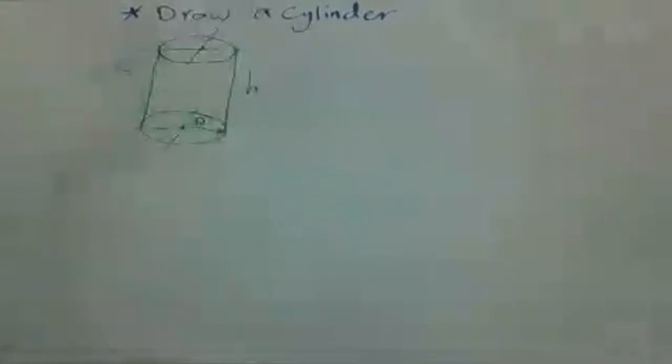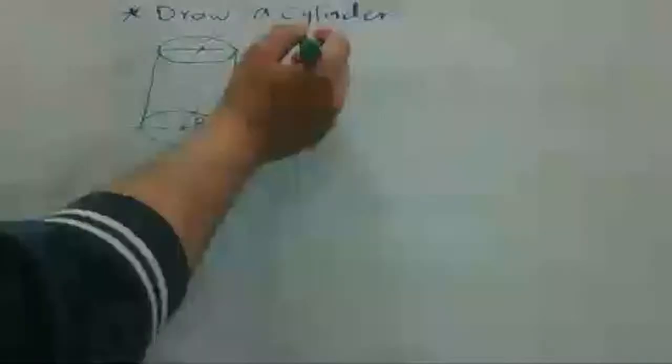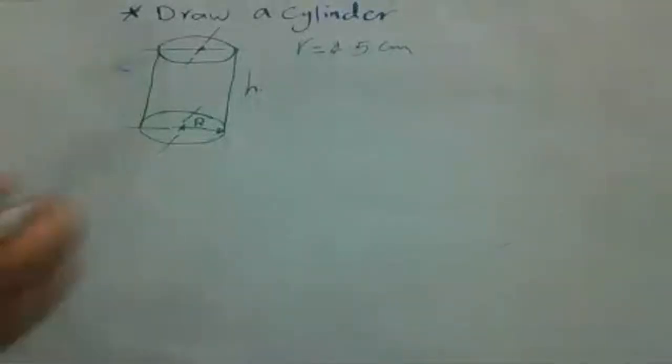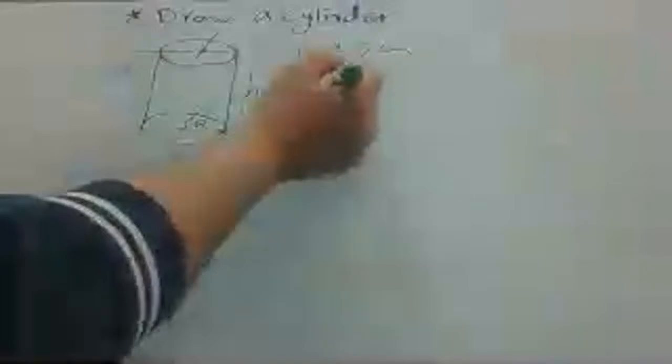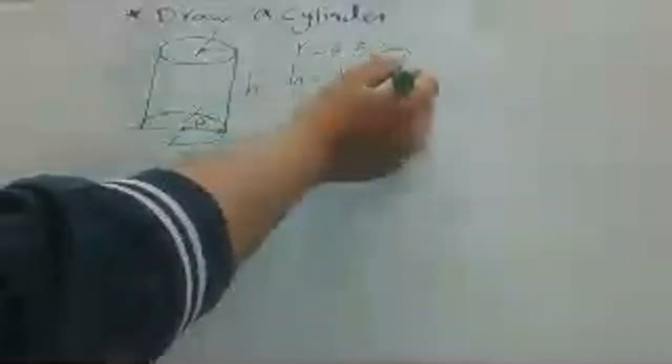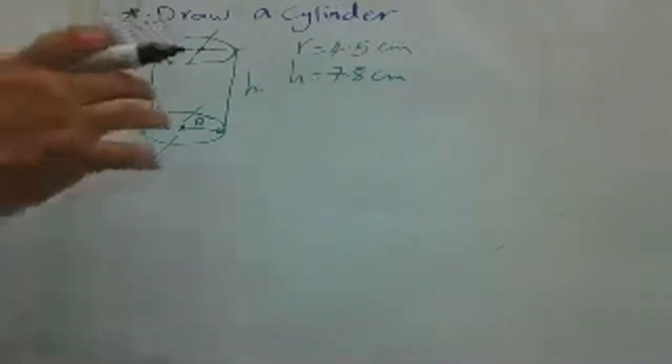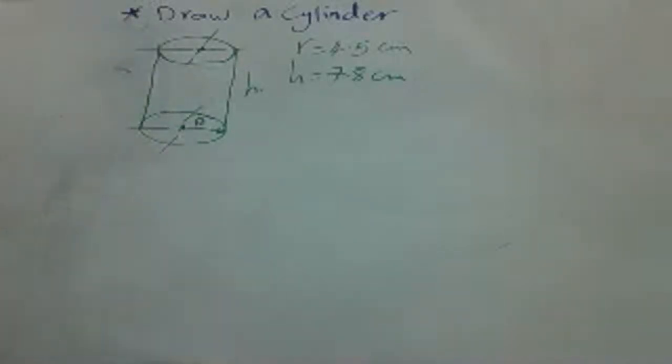From assignment number 5, draw a cylinder with given radius equal 4.5 centimeters and height h equal 7.8 centimeters.